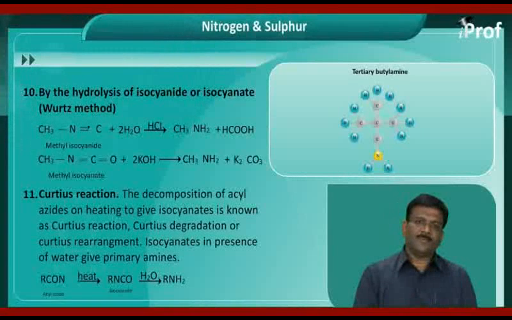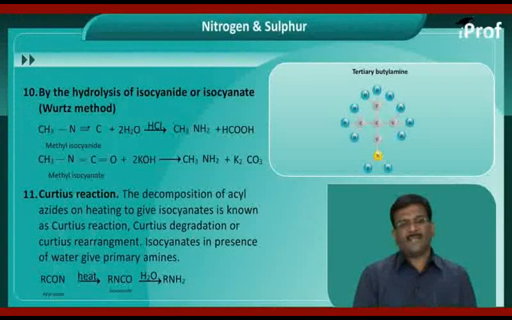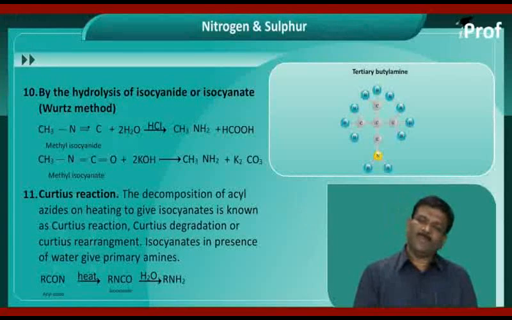Isocyanates in presence of water give primary amines. The reaction is the acyl azide when heated gives isocyanate, this is RNCO, which on further treatment with water gives RNH2, this is primary amine.